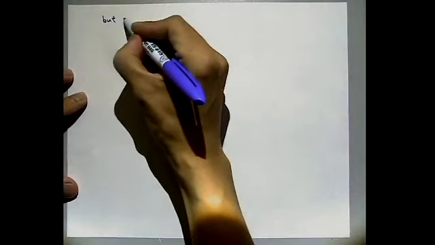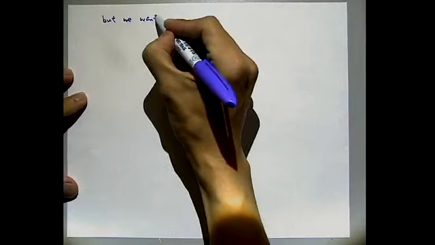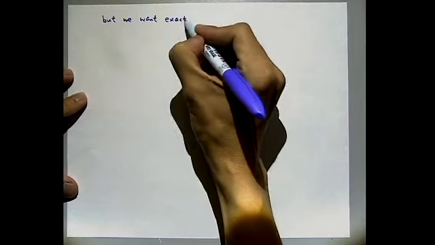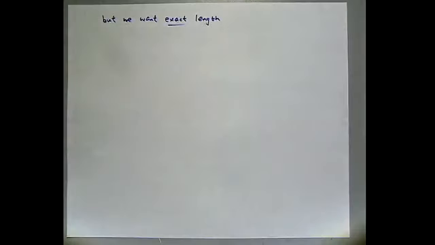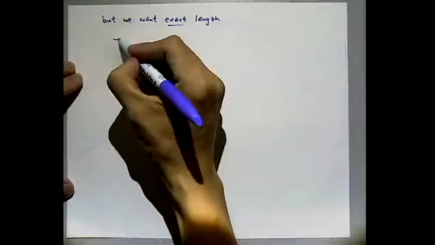Okay, so that's an approximation. And we are, of course, not going to be happy with the approximation. But we want the exact length, right? And you know how these things work. We can make the approximation really, really good by shrinking the subintervals.